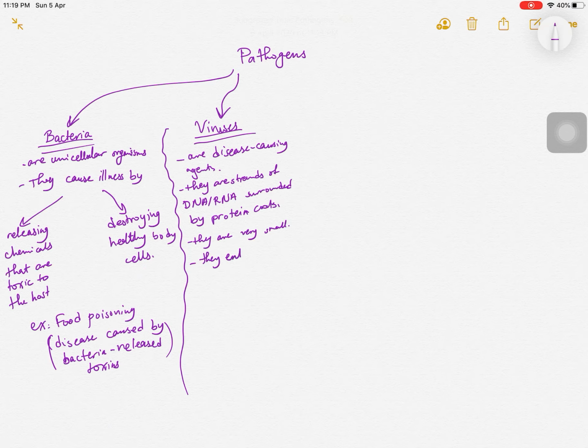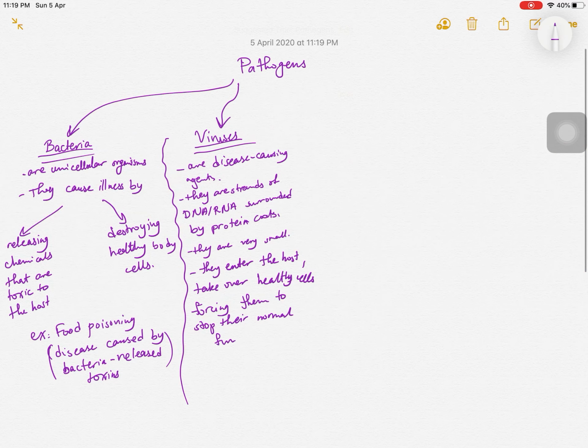They enter the host, take over healthy cells, forcing them to stop their normal functioning and produce more copies of that virus, so more viruses.